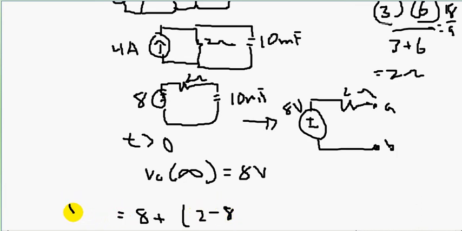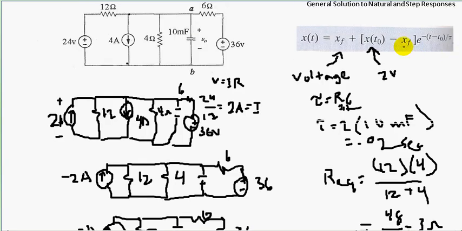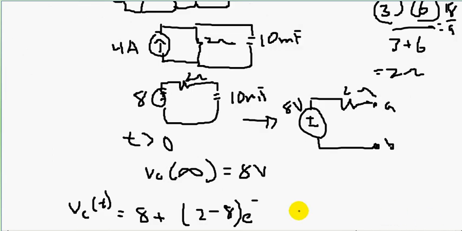So VC, the voltage across the capacitor over time, is the final value plus the initial value minus the final value times e to the minus t over tau.